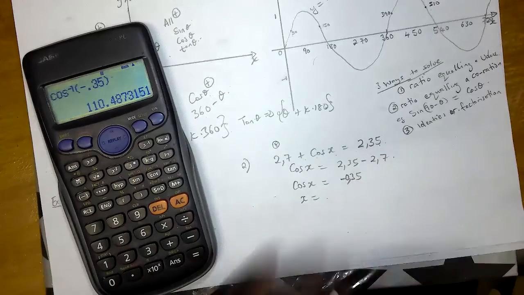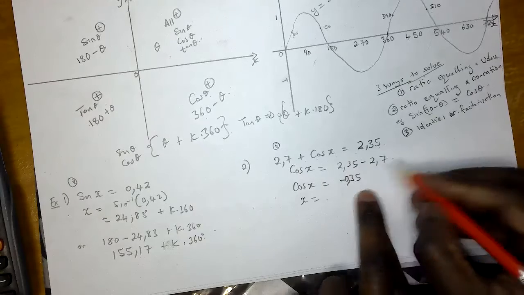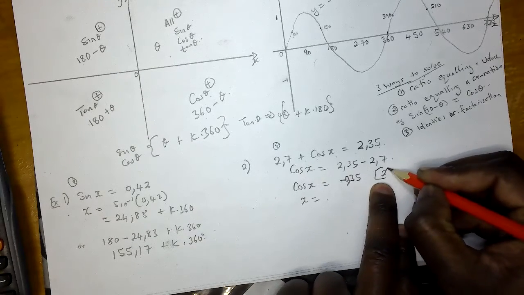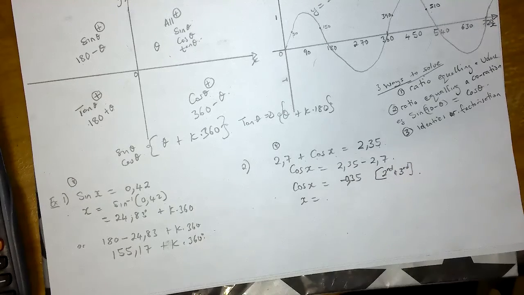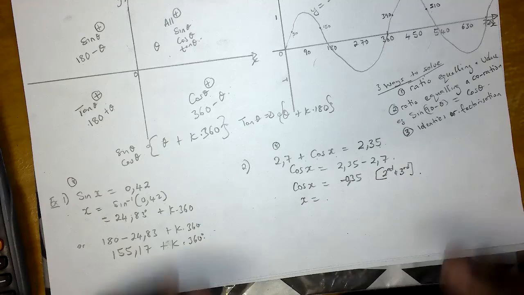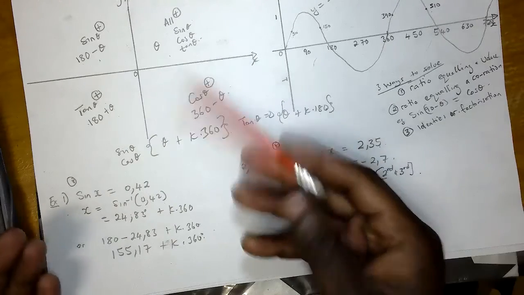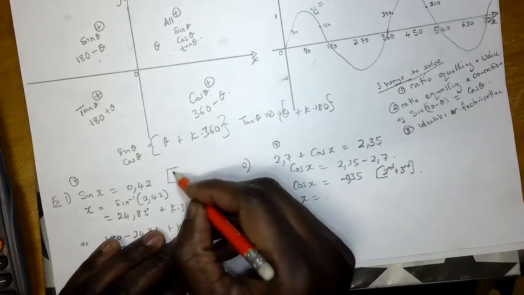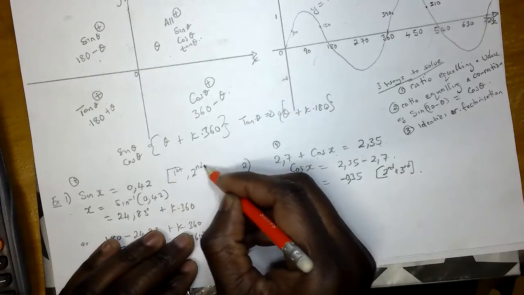Now, understand something here. We are getting negative, so it means that when it's negative, we know that the quadrant will be second and third. That's what we know. The second is second and third because cos is negative in the second and third, and sine in this case we know that it must give us something in the first and second because that's where it's positive.